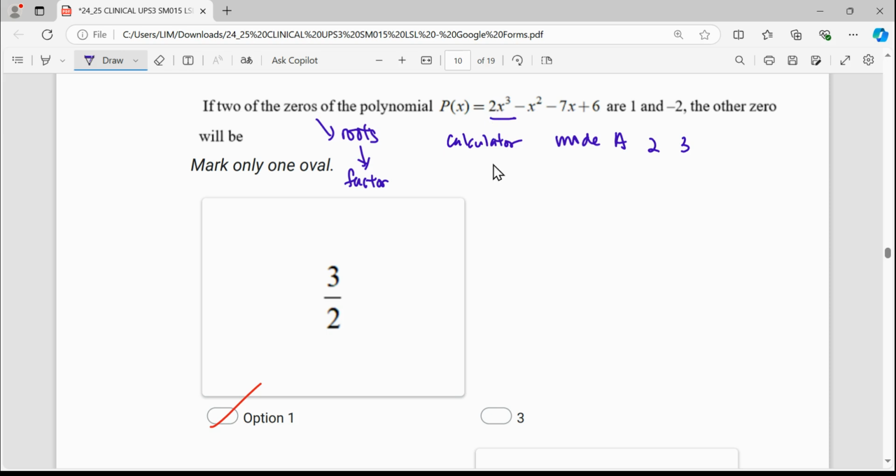Then put in a is 2, then quadratic coefficient negative 1, then negative 7, then 6. It will count out all the roots here, negative 2, then 3 over 2, x1, x2, x3. Then you can know your other zero. So 1 and negative 2 are already mentioned, the other zero will be 3 over 2.